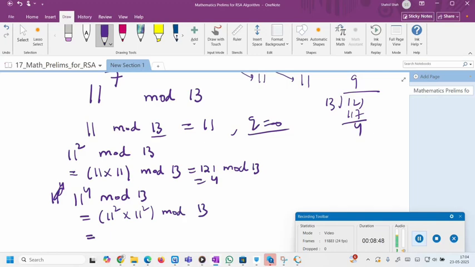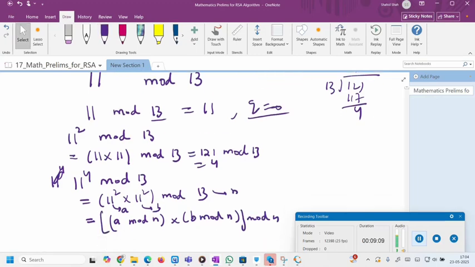Now using this result, take 11 square as a, the other 11 square as b, and 13 as n. This is equal to a mod n times b mod n, with mod n again.